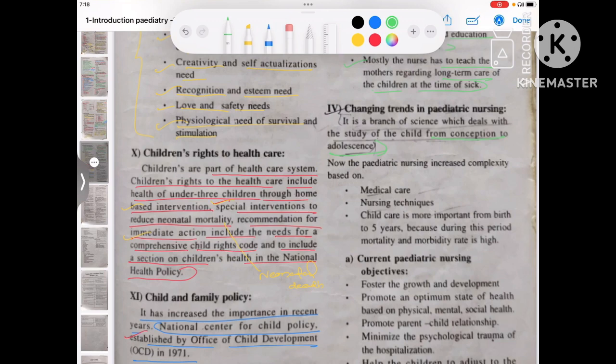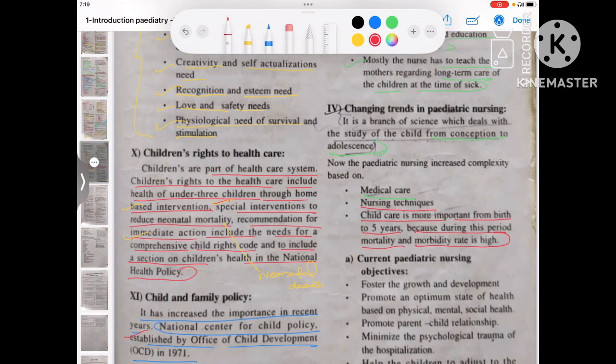Pediatric nursing has increased in complexity and development. We can see a lot of changes in medical care and in nursing techniques. Child care is more important from birth to 5 years, because during this period the mortality and morbidity rate is high.